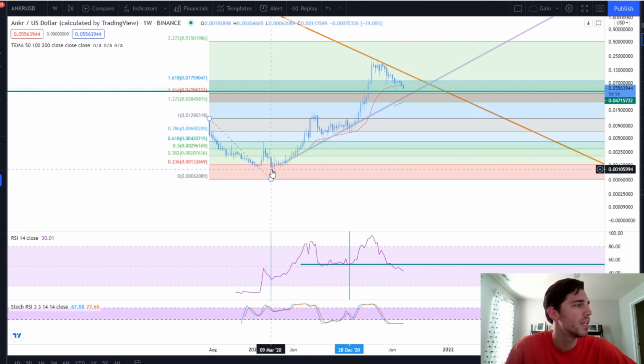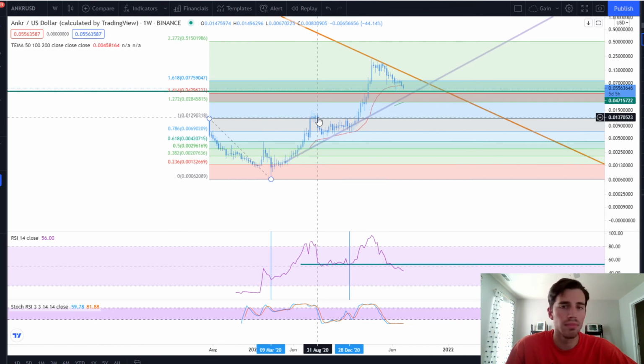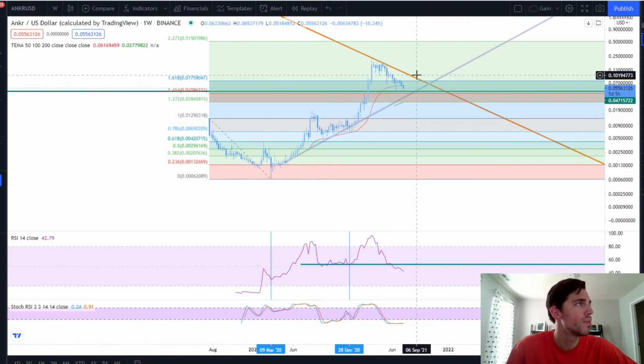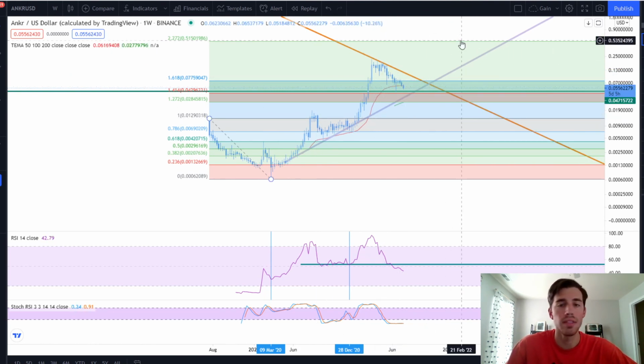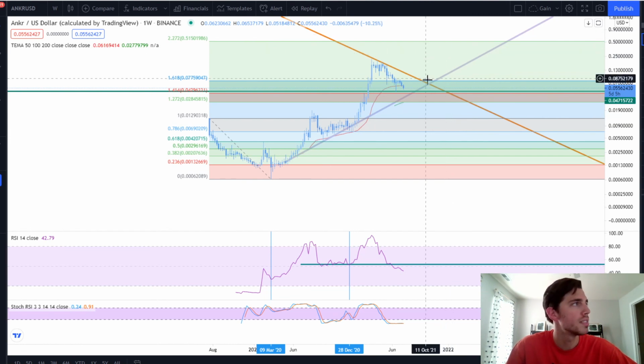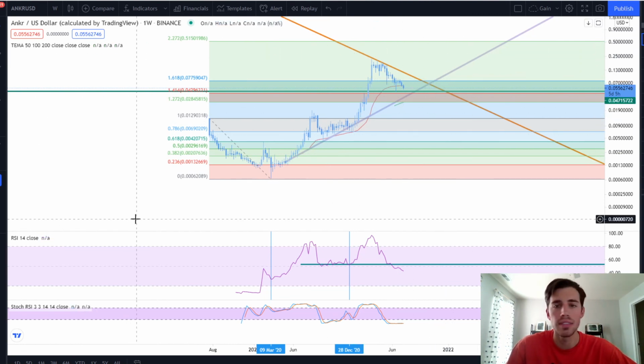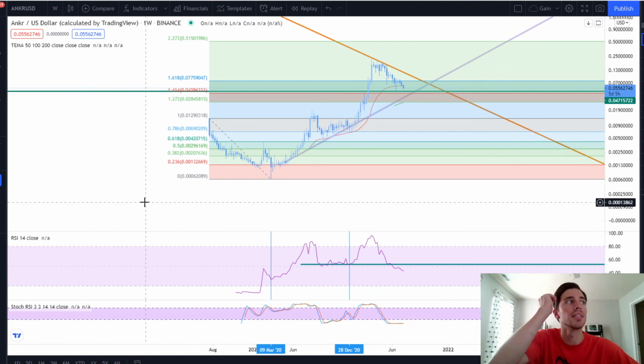The people who bought in here during the COVID time had to wait a decent amount of time to make solid gains, approximately 5-6 months. So if you're investing right here, you might have to wait approximately 5-6 months to see some potential gains. Now, this is obviously not financial advice. I'm not guaranteeing that that's going to happen.